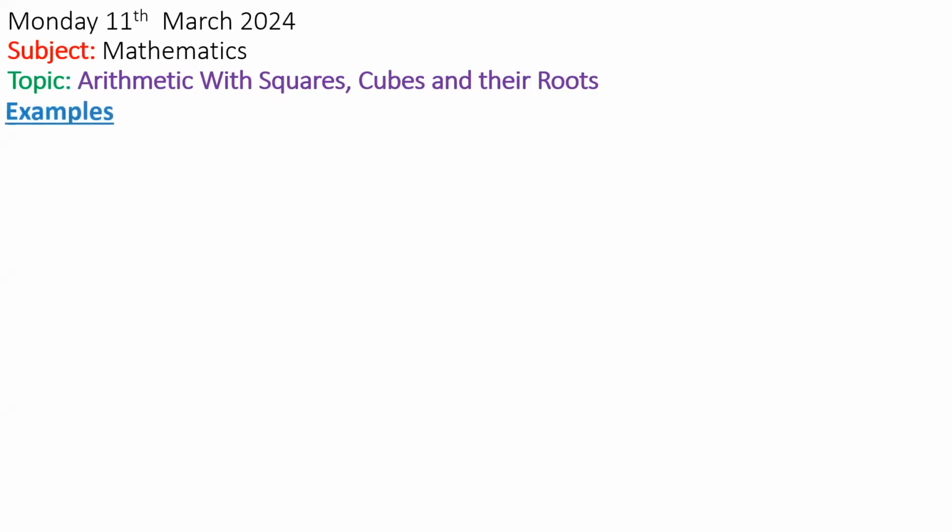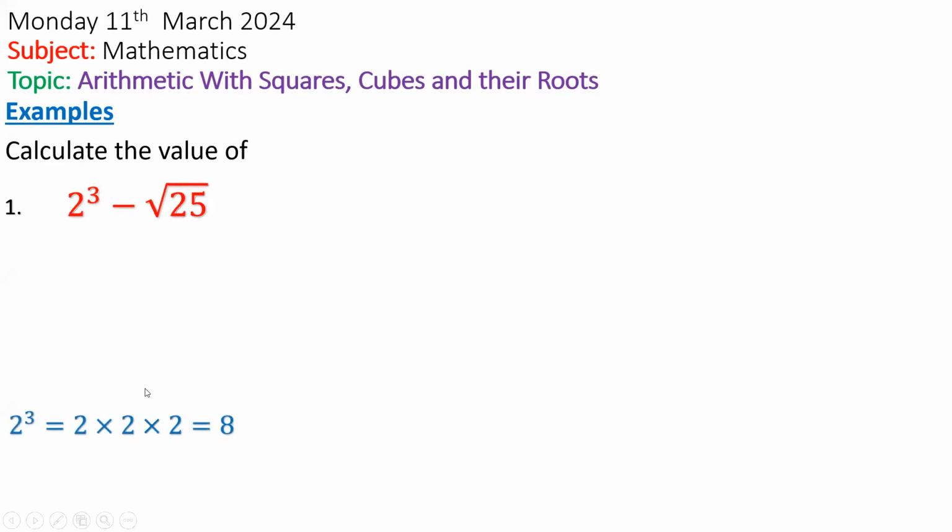We're going to begin with these examples, and then hopefully we're going to have time for a great exercise. This one is interesting because we have 2 cubed minus the square root of 25. Now, what is 2 cubed? 2 cubed is 2 times 2 times 2.